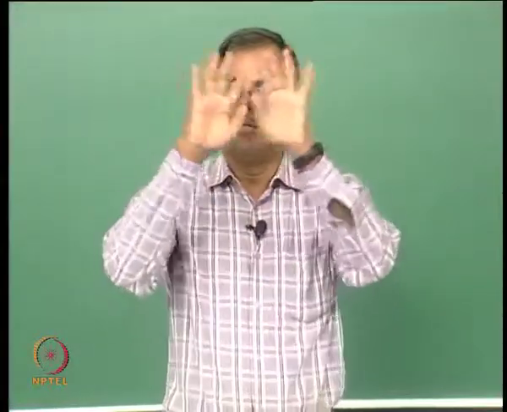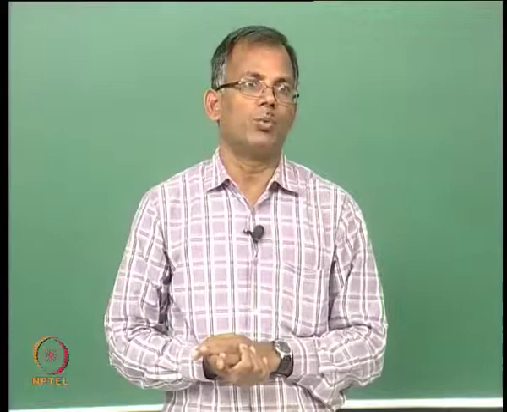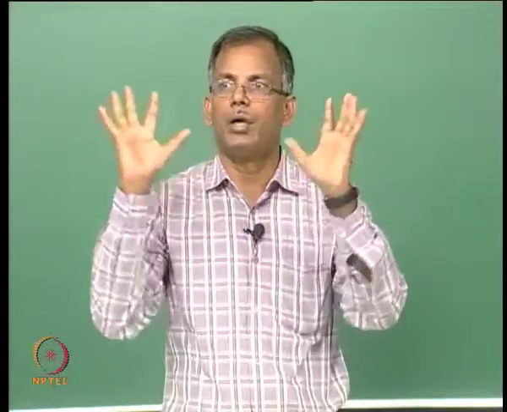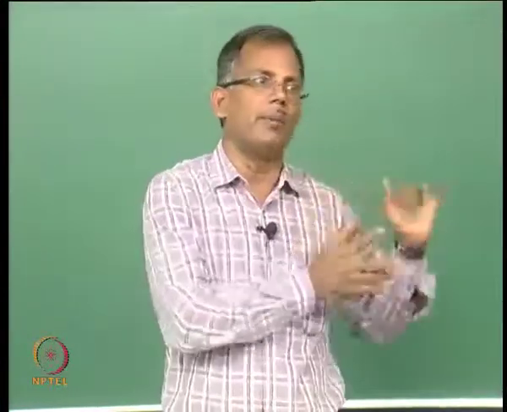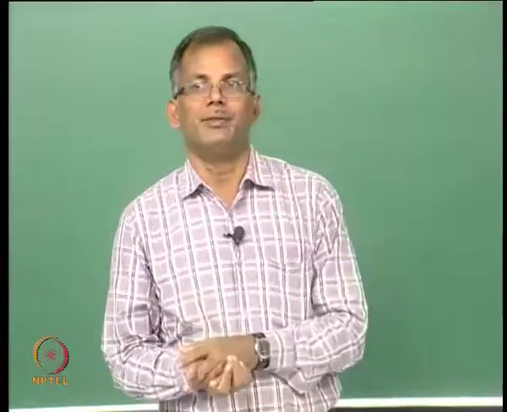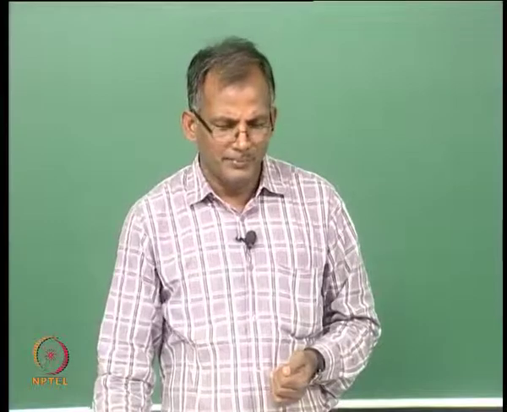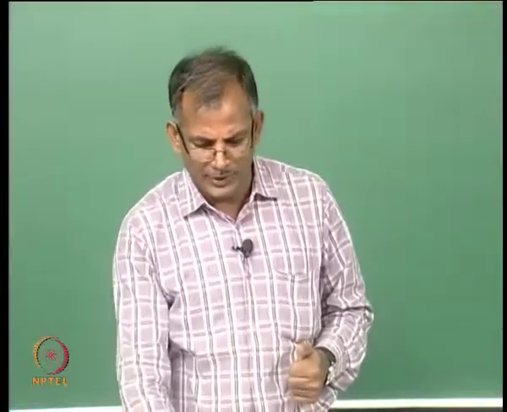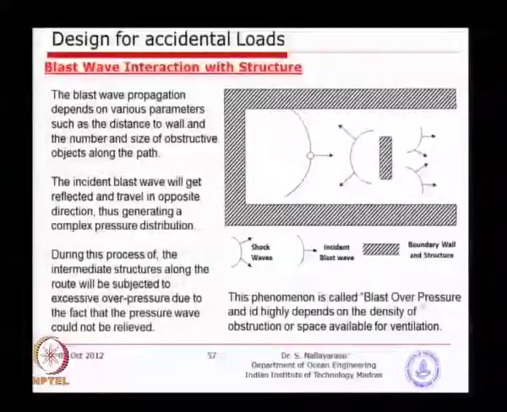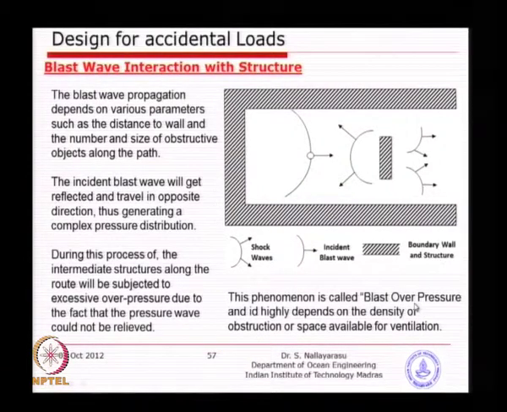Put together, a volume is defined, an x, y, z volume, and how much is occupied by the obstruction and how much is empty space. That ratio is very important. Depending on that, values are recommended, and we will see them in the next few slides. So, the blast overpressure is very important to obtain from references or other sources, so that it can be used for design.